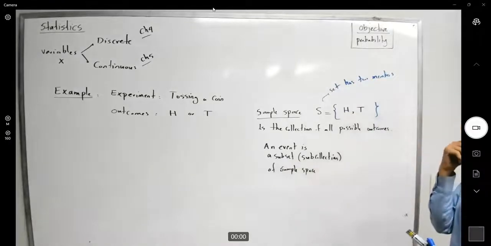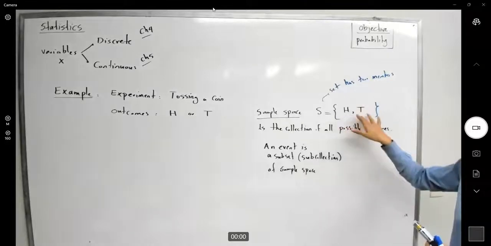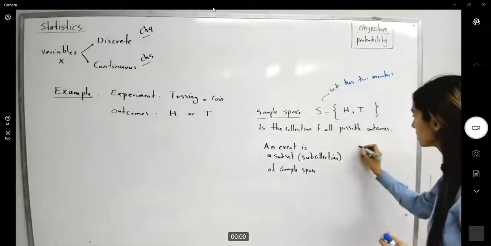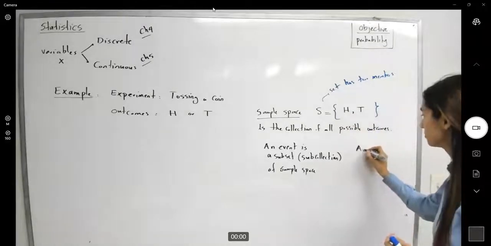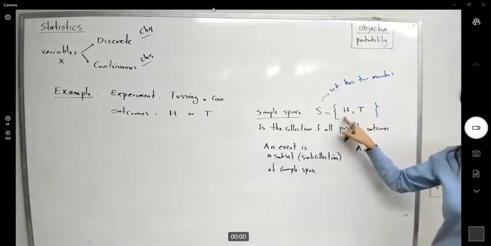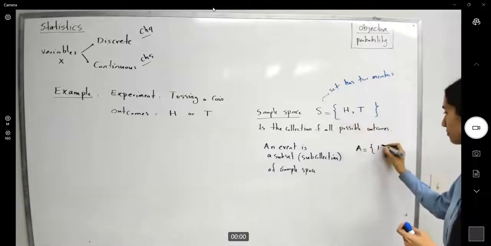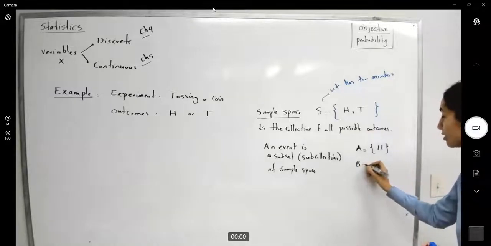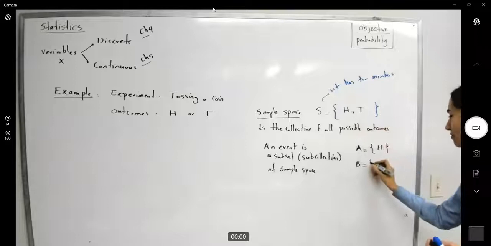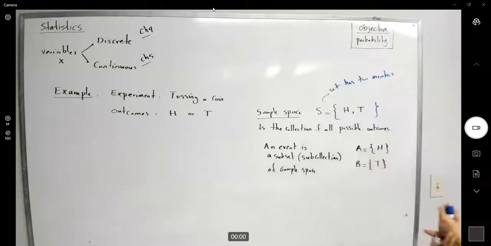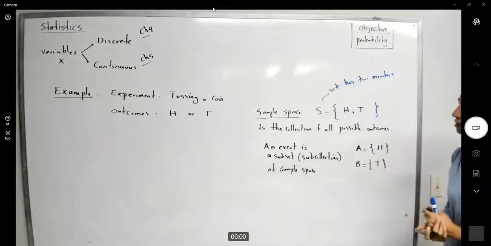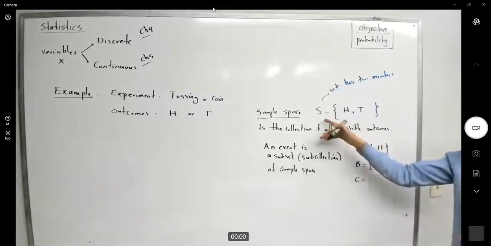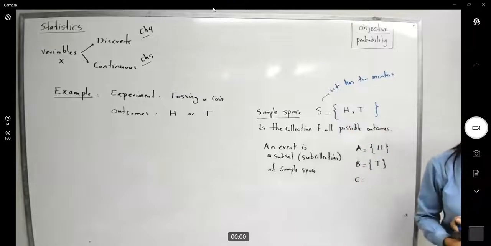Well, you might say, okay, this is a collection including two members. The very first subset, A, includes just one member, which is head. The second set includes only tail. Okay. Not that bad so far. Another set, which is a subset of this set, is called the empty set.